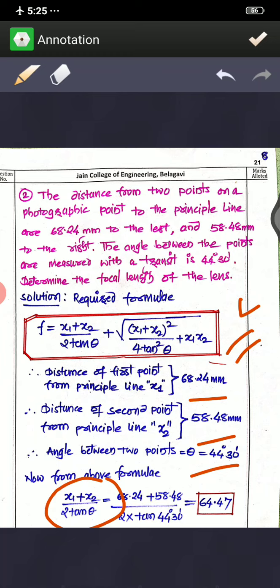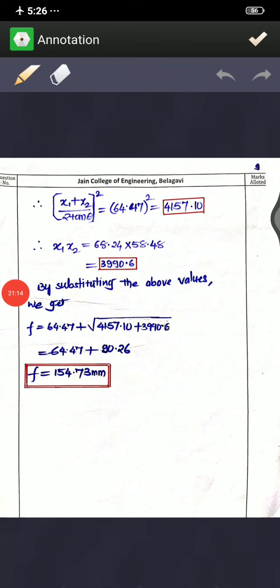I'm taking out the first term, (x1 plus x2) divided by 2 tan theta. I have put all the values and I got 64.47. Now I'll go for the second term. (x1 plus x2) divided by 2 tan theta, whole square.